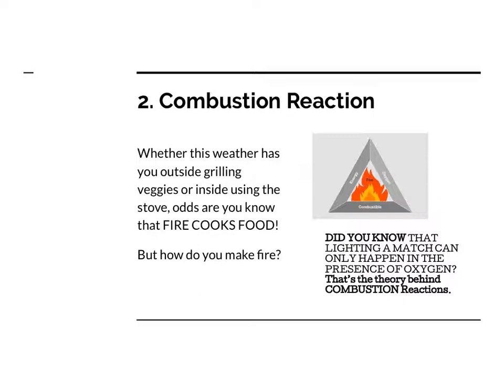But something we never really ask ourselves is how we actually make fire. What's happening that makes this fire? You can only make fire or light a match if you have oxygen. That's the theory behind combustion reactions: you always need oxygen present.